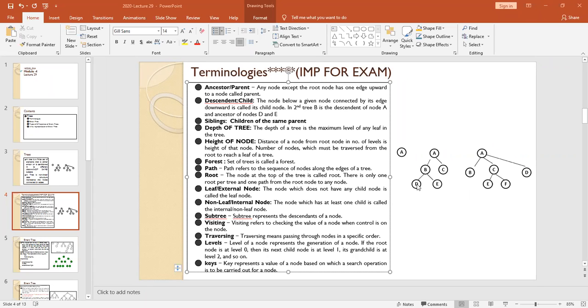Here D and E don't have children, so D and E are the leaf nodes. In the third diagram, which are the leaf nodes?